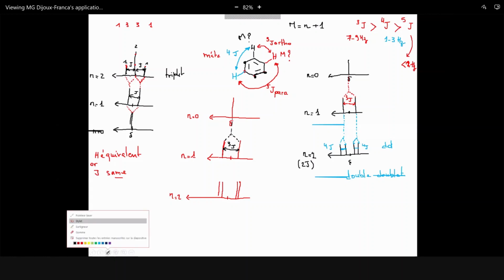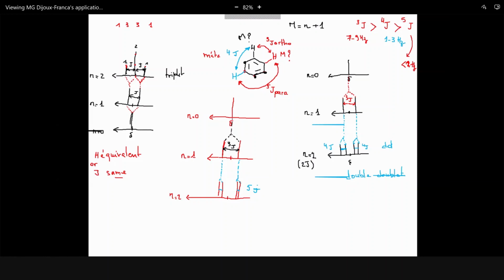And then each line will be divided by 2, but this time with a very small coupling constant, which is calculated here, and we will have a J5. And usually we say that the J5 is difficult to calculate because the resolution of the spectrum usually is not high enough. So we don't see the para coupling usually. But in theory, we should observe it, okay?